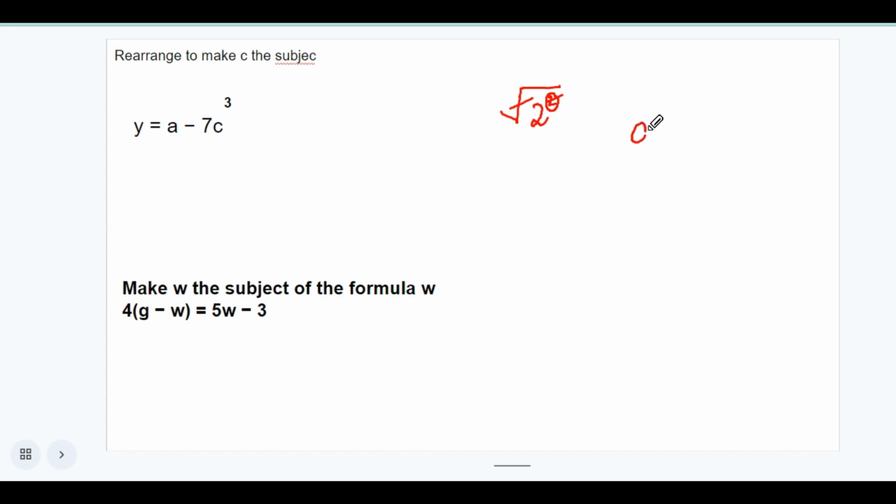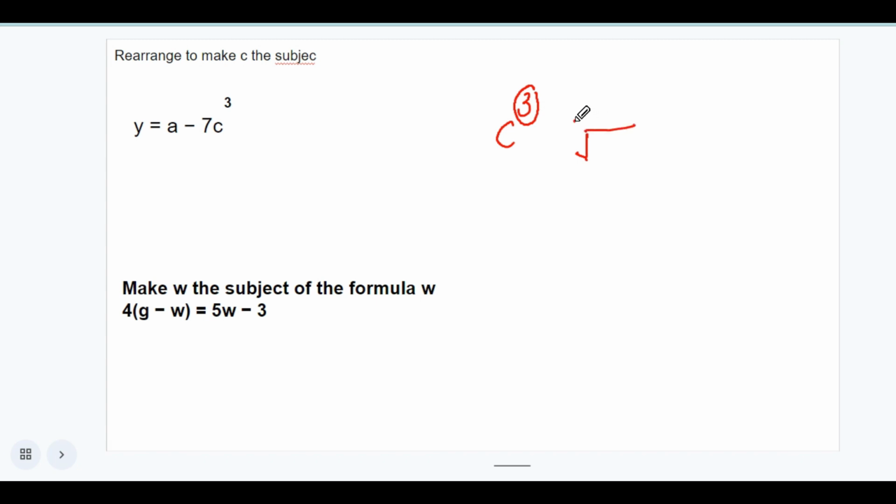If I have a squared and I need to cancel this square, how can I cancel it? With its square root. That means this can be cancelled out with this. Now if I have, for example, c cubed, I want to remove this cube. What should I do? I need to take the opposite of this cube, that is the cube root.